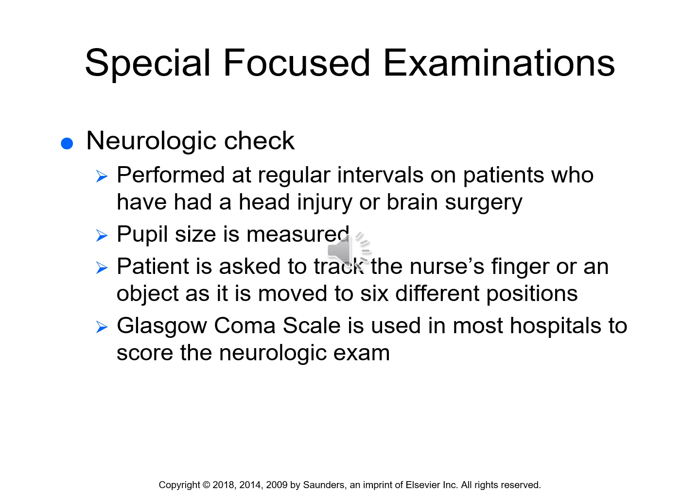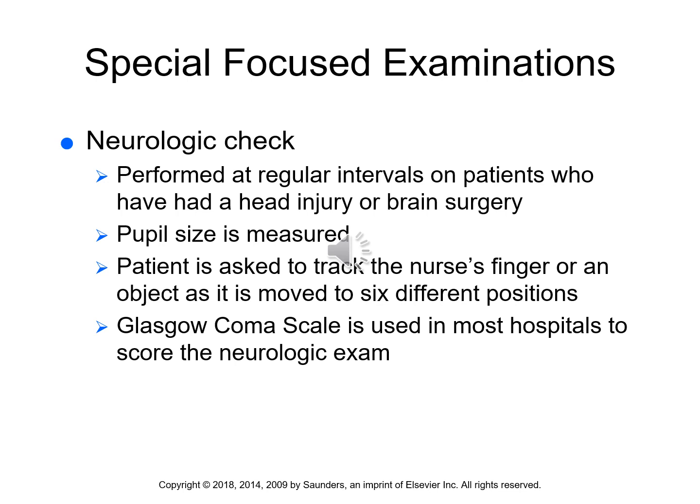A part of that neural check is your Glasgow Coma Scale. In your book, table 22.3 talks about how the Glasgow Coma Scale is assessed. We're checking for eye opening, their motor response, and their verbal response. Based on their response to each one, they'll receive a number, and you can receive a number all the way up to 15.